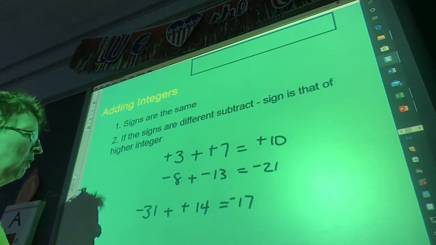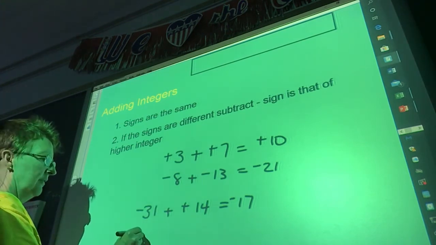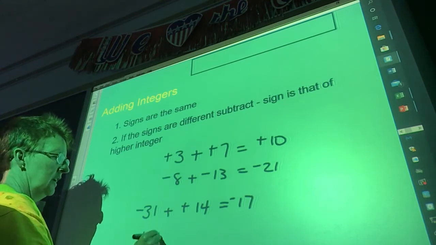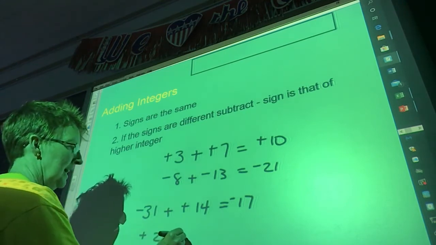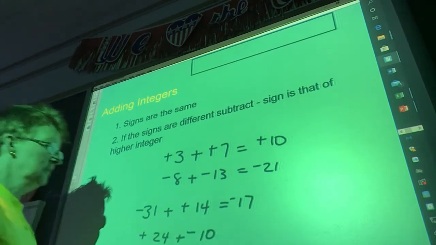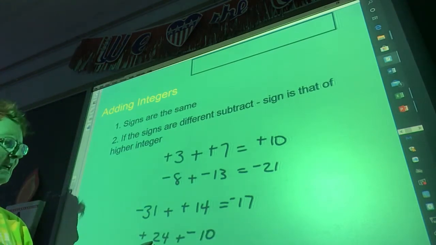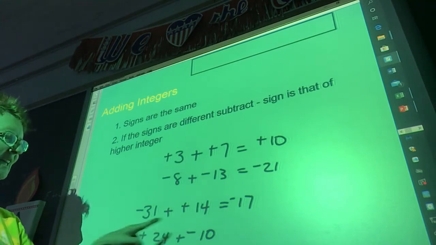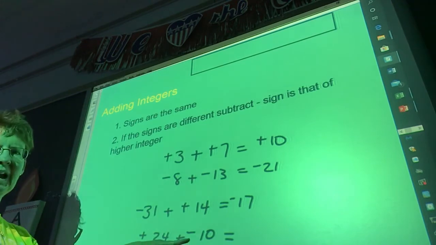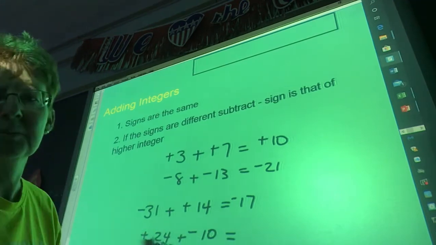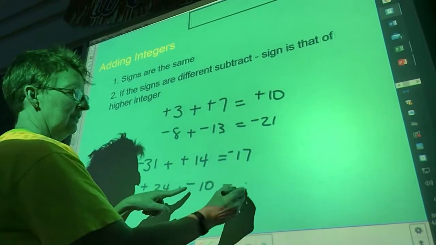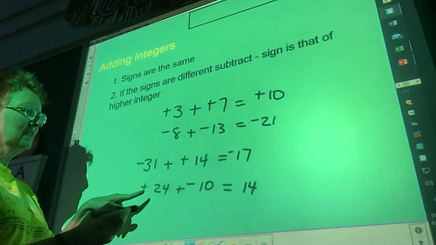Let's do one more. I have a positive 24 and I'm adding a negative 10. Easy one. I will be subtracting because the signs are different. So I take 24 and I subtract 10 from it, and I get 14, because 24 minus 10 is 14.